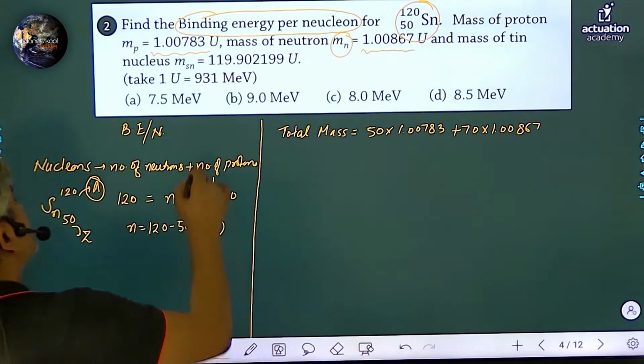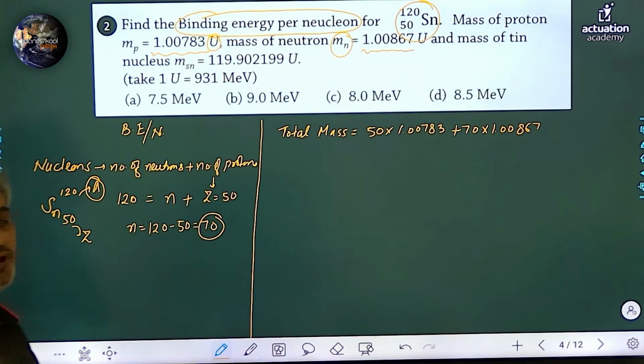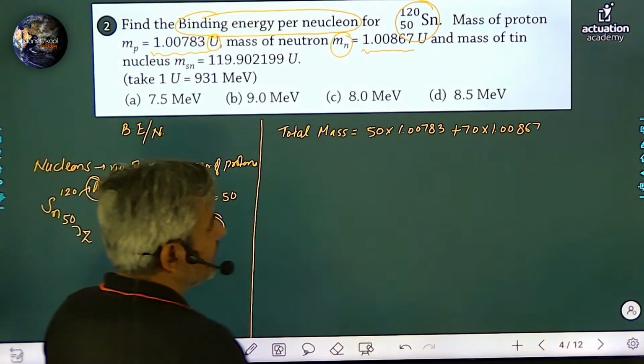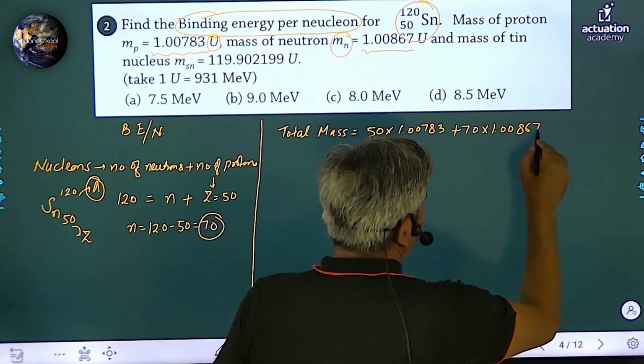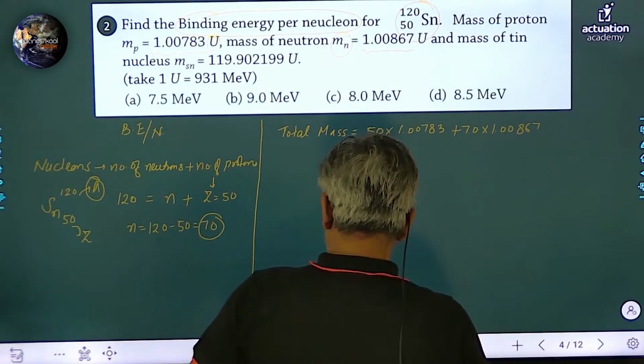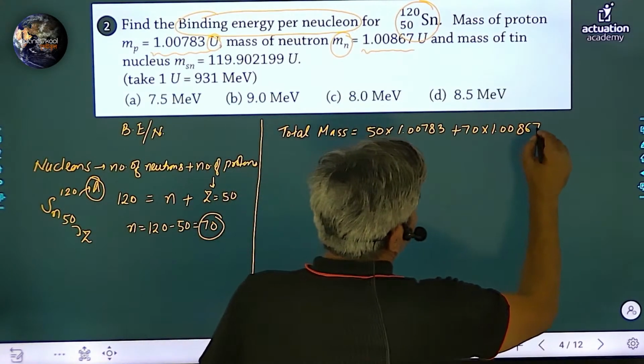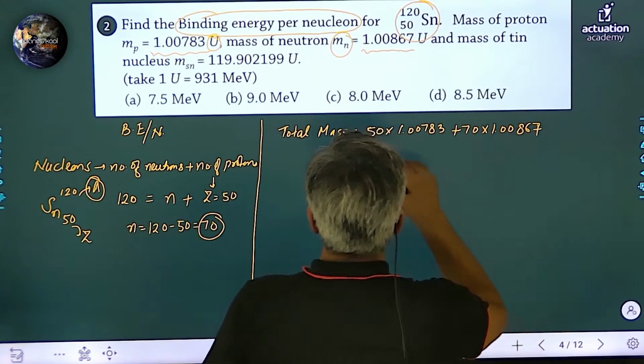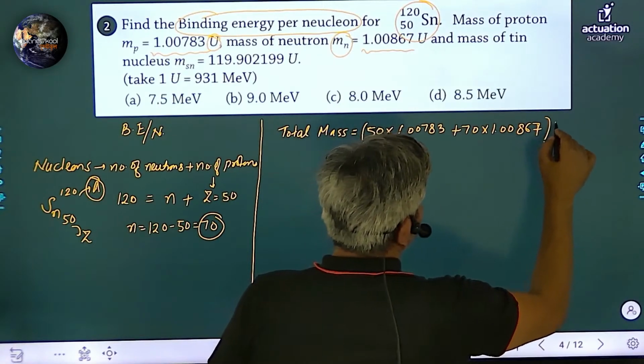And this mass is given in atomic mass unit, U. So this whole mass which we will calculate here will be in U.